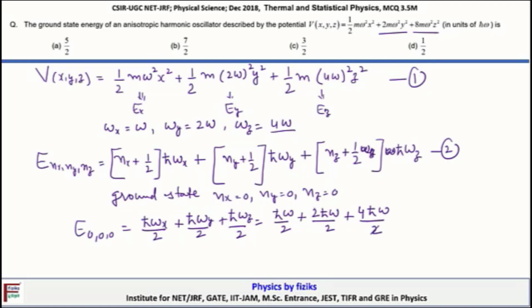So this will give us 1 plus 2 plus 4, that is 7 by 2 h cut omega. So therefore the correct option here is 7 by 2.